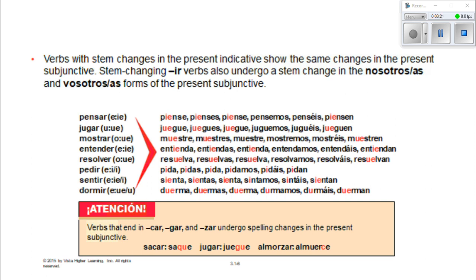So I want you to write the nosotros form and the one that I ask you. Sometimes it's going to be yo, sometimes tú, sometimes usted, él o ella, and sometimes ellos, ellas o ustedes, okay? So pensar goes to piense, pienses, piense, pensemos, piensen.